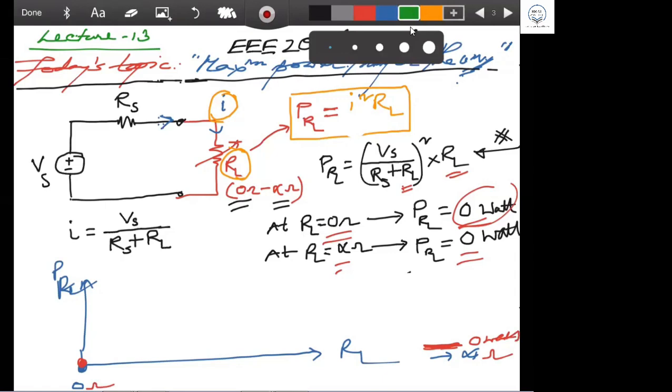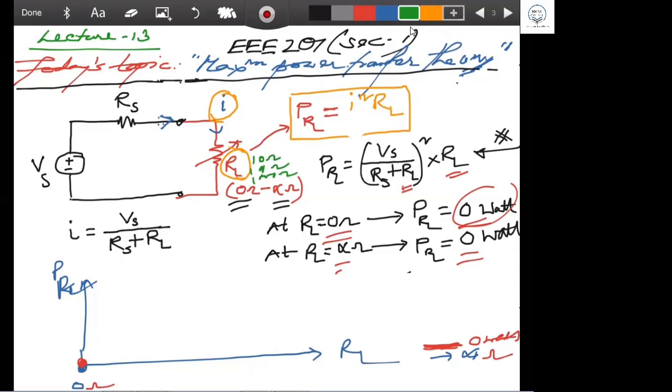If I increase the resistance RL from 0 to, let's say, I can put 10 ohm, I can put 100 ohm, I can put 1000 ohm. That means I'm increasing the RL value in between 0 to infinity, 10 ohm, 100 ohm, 1000 ohm, like that way, a different value.